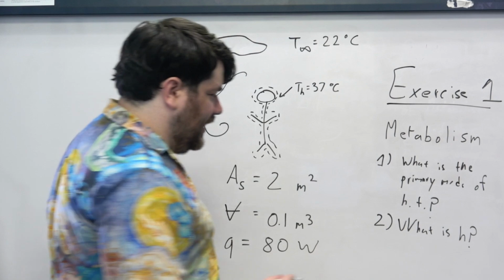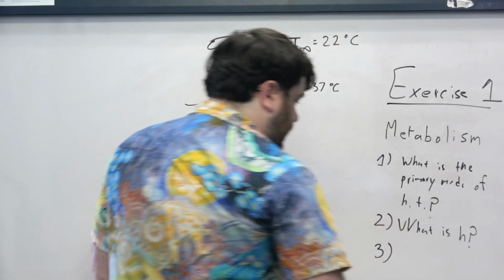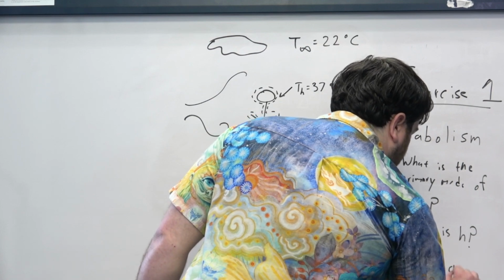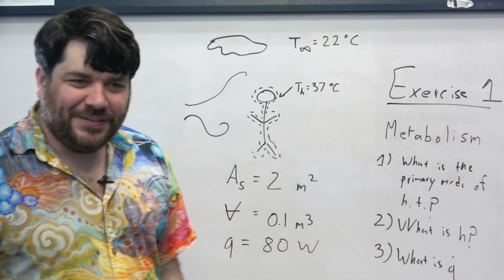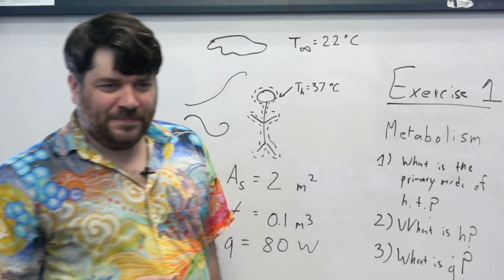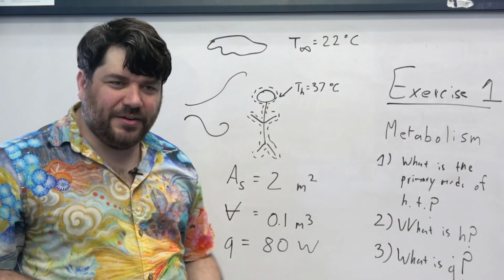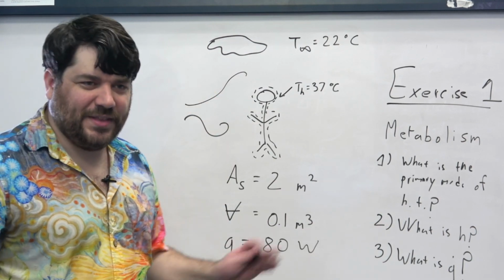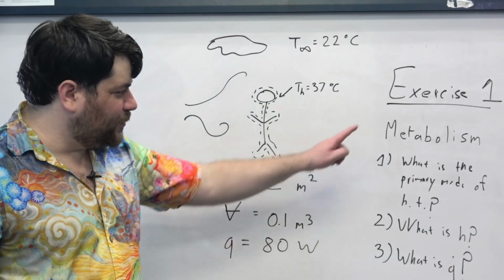And then the third question is, what is the amount of volumetric thermal energy generation? What is the Q dot inside of the human body required to keep this whole setup going? So that's what we have to try to investigate now, these 3 questions.